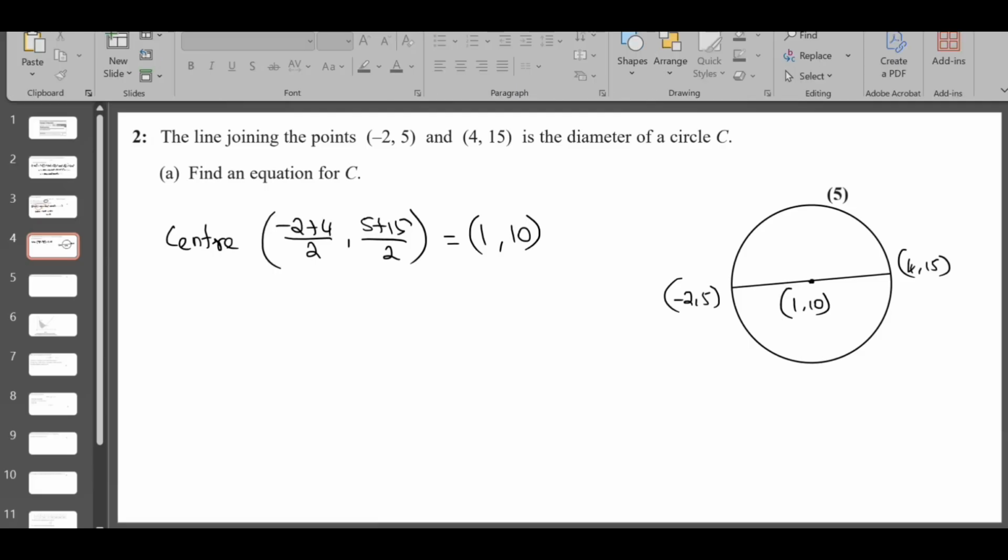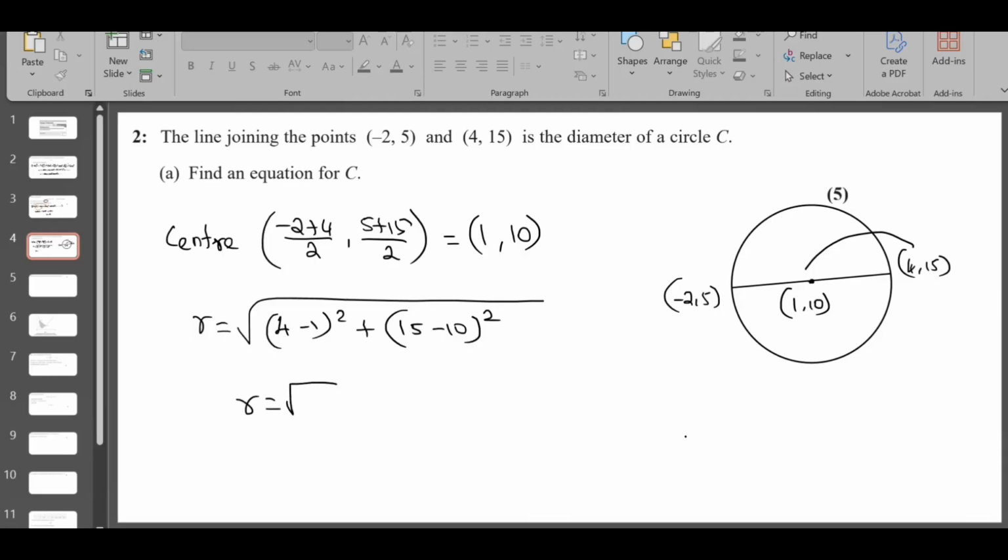Now to find the radius, you can either find the distance between the center and one of these points, or you can find the distance between these 2 points and divide by 2. So r is the square root of, taking these 2 points, (x2 minus x1) the whole squared plus (y2 minus y1) the whole squared.